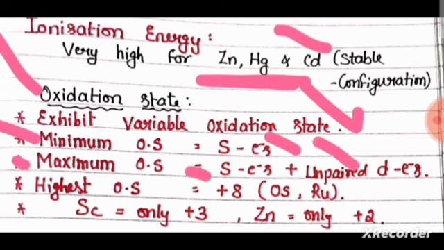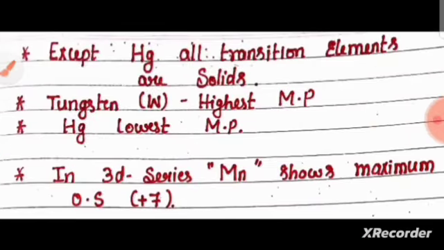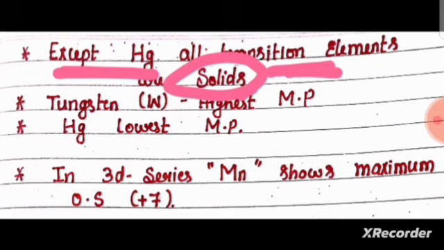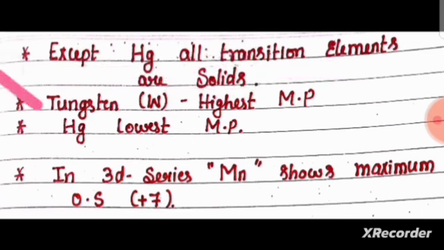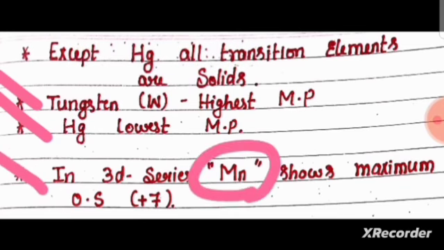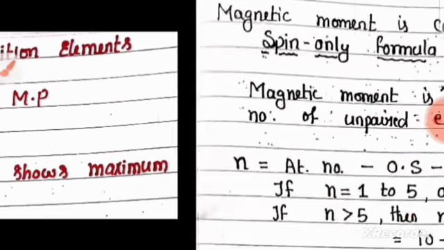The highest oxidation state we can find is +8 in Os and Ru, and scandium shows only +3 and zinc shows only +2 oxidation state. Except mercury, all the transition elements are solid in state. Tungsten has the highest melting point and mercury has the lowest melting point. And in the 3d series, manganese shows the maximum oxidation state, up to +7.